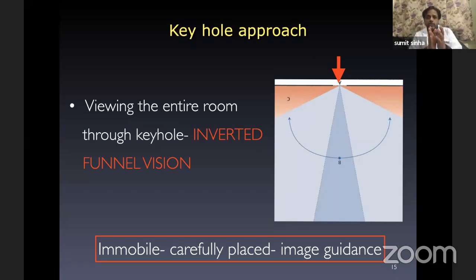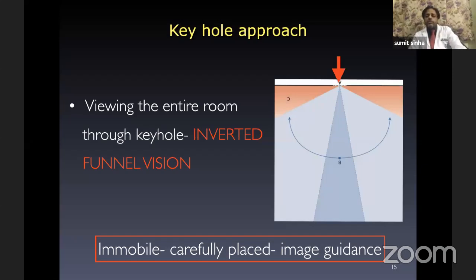You can view the entire room through that small opening, because this is an inverted funnel vision, and you have the vision of the entire wide visual field ahead of you, even through the small opening. So the size of the opening does not matter. You can visualize the entire room through that small opening called a keyhole.